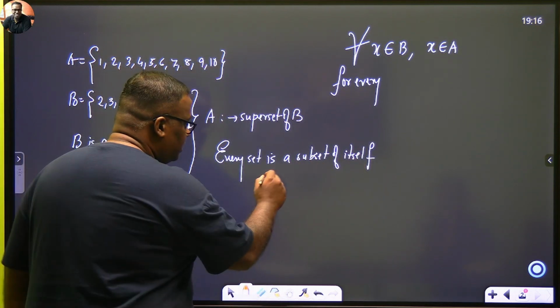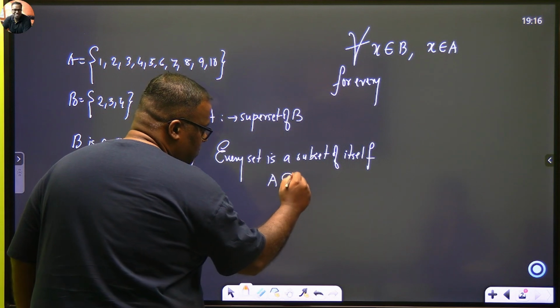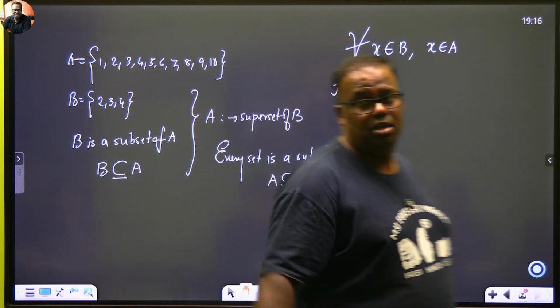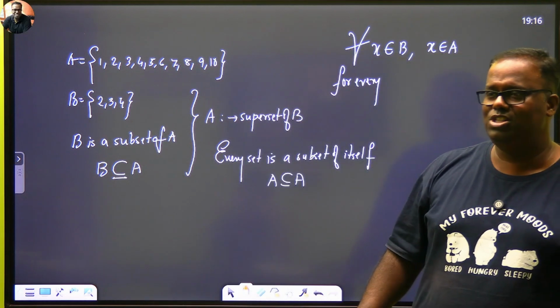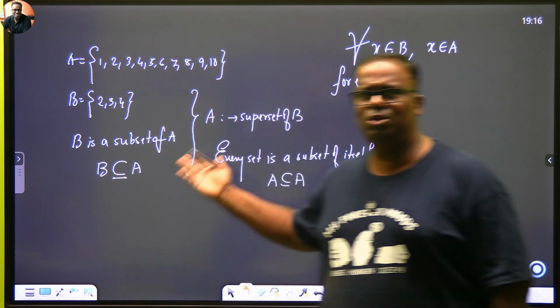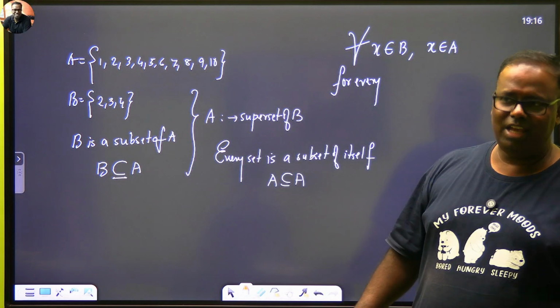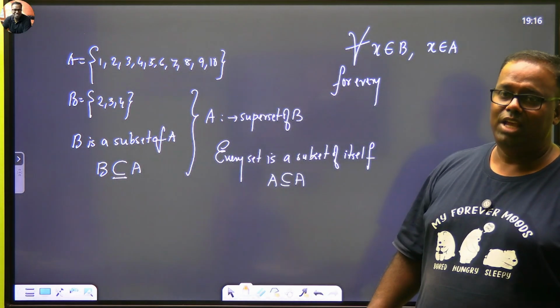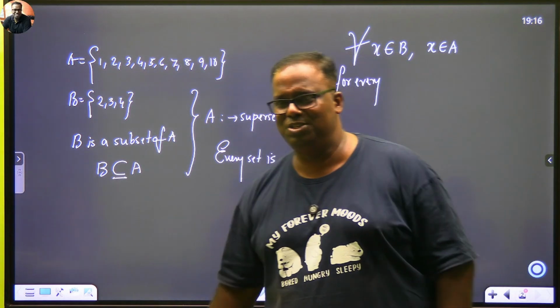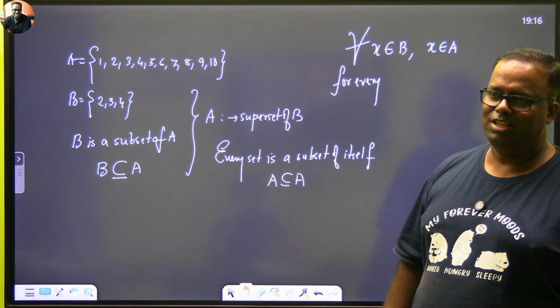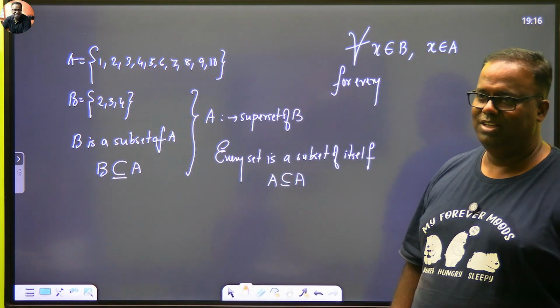So can I write this statement, A is a subset of A? Very much. Are all the elements of A present in A? It should be. So this is also true, A is a subset of A. Every set is a subset of itself. This chapter is very easy, we forget a little in between, so is it confusing? Not yet. It's easy, okay?